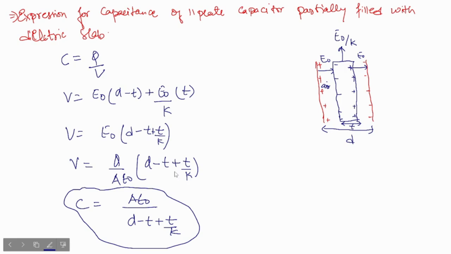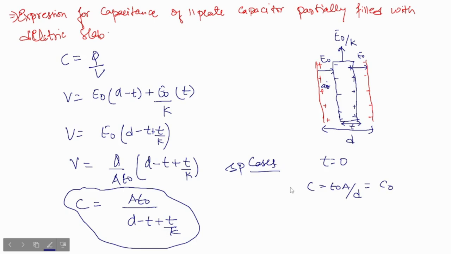Now we'll discuss some special cases. Suppose the entire space is filled with air, that means t equals 0. Then C will be epsilon naught A by d, which you know is C naught.